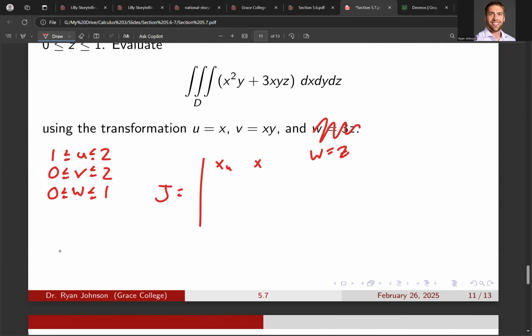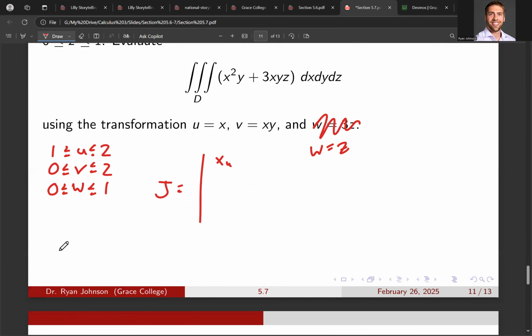Yeah, x is down. x v, x w, y u, y v, y w, z u, z v, z w. Compute that. It'll have a lot of zeros, which will be nice, right?